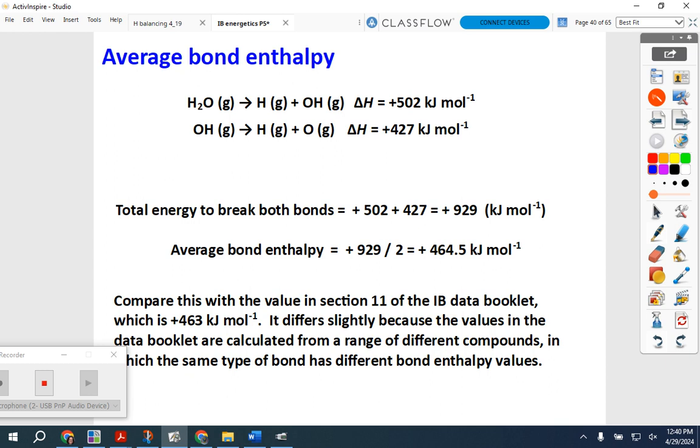But that also includes a lot of other compounds that have an OH bond that could be broken. All right, so the values that are in the tables that you have in your data booklet or that you might find elsewhere, values for bond enthalpies, are average values. And so it's not going to be perfect. Okay, it's going to be a good estimate, but it's not going to be perfect.